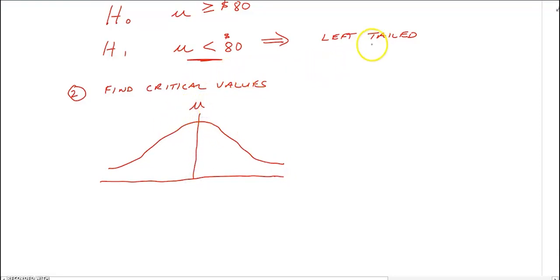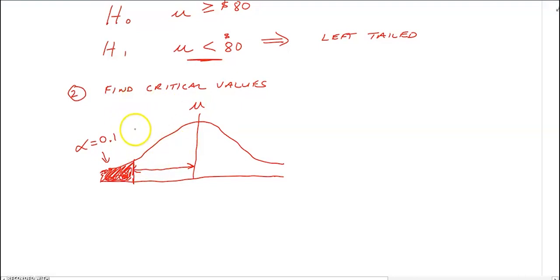This time it's a left tail, so I'm going to put a left tail right here and shade that in. And pay attention to the detail, because it's telling us that the tail is 0.1. So that's the area of the tail, which means we need to find the area between here and here.